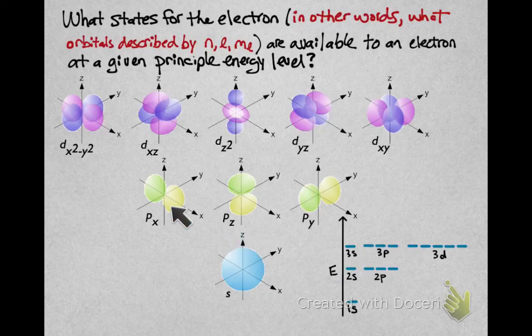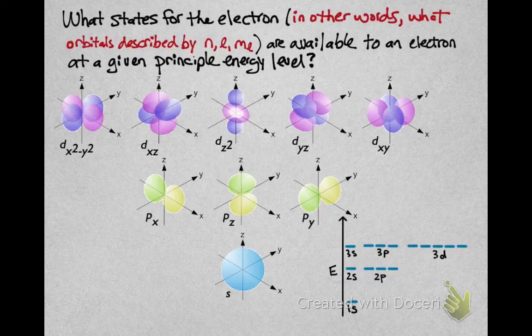The p orbital, we mentioned, has 3 different orientations along the x, z, and y axes. Those orbitals are designated as the px for the one along the x, the pz for the orbital oriented along the z-axis, and the py for the orbital oriented along the y-axis in the coordinate system.